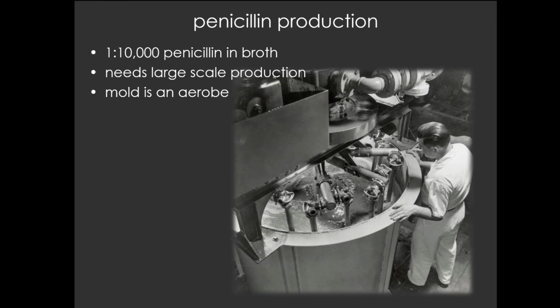So you have to have a ton of broth, a large-scale production, in order to make enough penicillin to be therapeutically useful. But if you have these giant vats, the problem is that this mold is an aerobe, and the bottom of the vat would not support the growth of that aerobe.